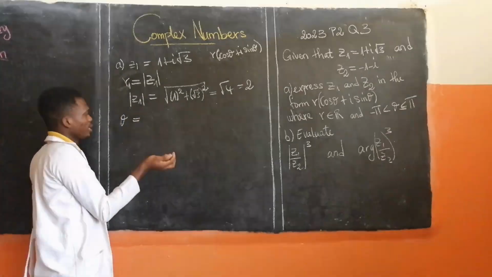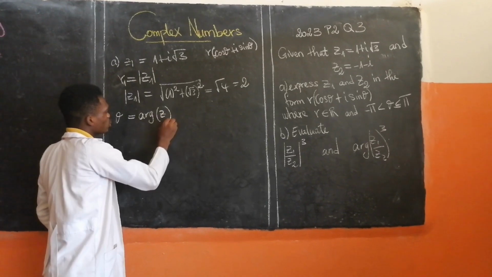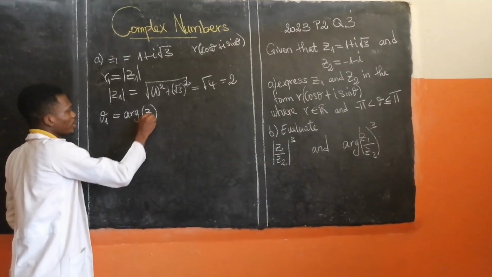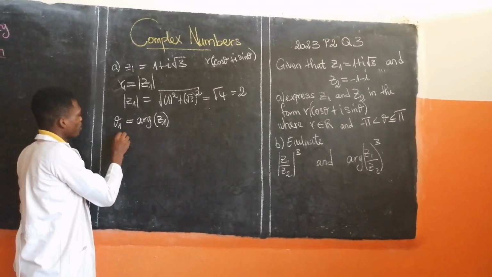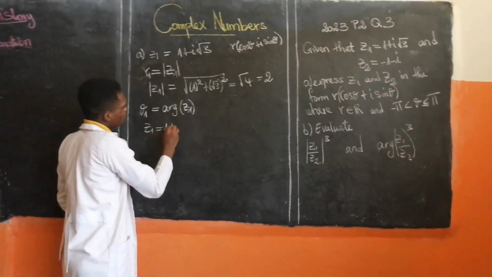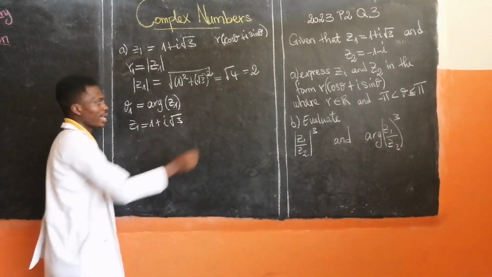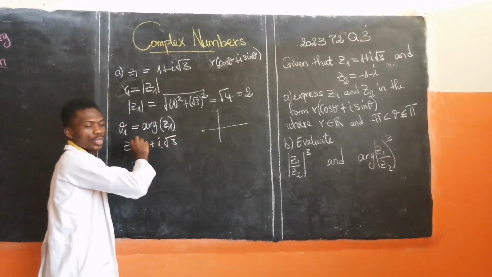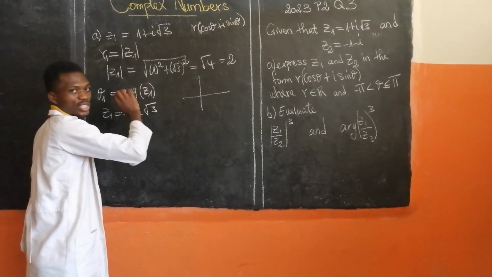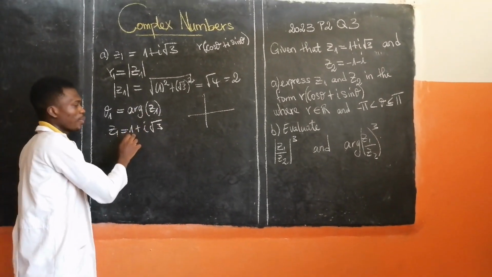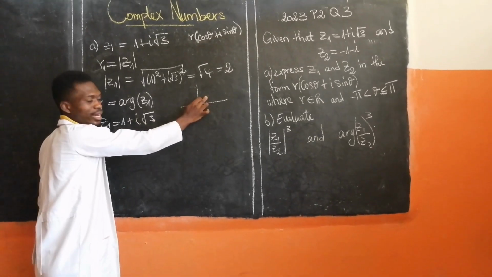But now what is theta? Theta is the argument of the complex number Z. So theta 1 for Z1, with the modulus of the complex number Z1. Z1 is equal to 1 plus I root 3. If we plot this on the Argand diagram, it will be plotted in the first quadrant because the real part and the imaginary part are both positive.